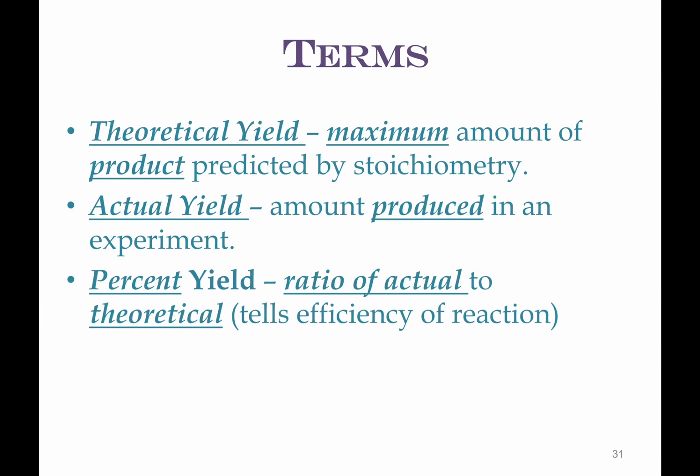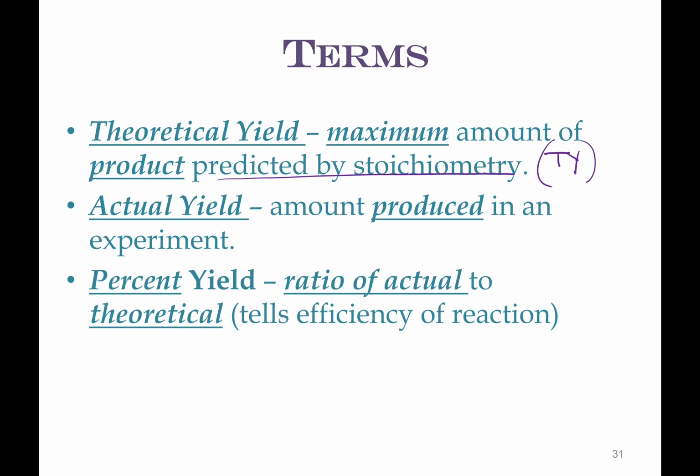The terms: theoretical yield. Theoretical yield, TY, is the maximum amount of product predicted by stoichiometry. Rarely does anybody get 100% of what they should get in a lab.